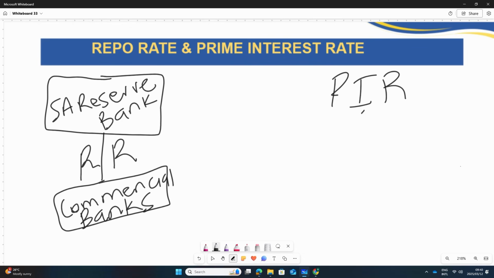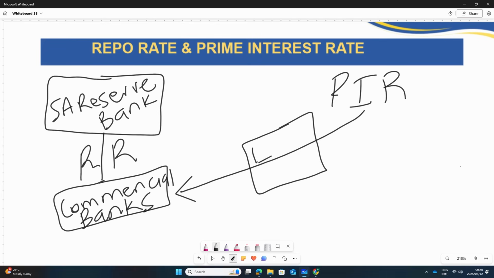The prime interest rate is the rate which the commercial banks use to determine the interest rate on the loans to their customers. And always remember that the prime interest rate is always higher than the repo rate, because this is how the banks generate their income.